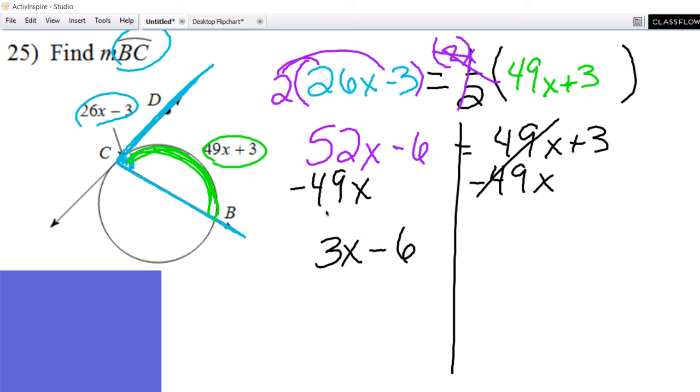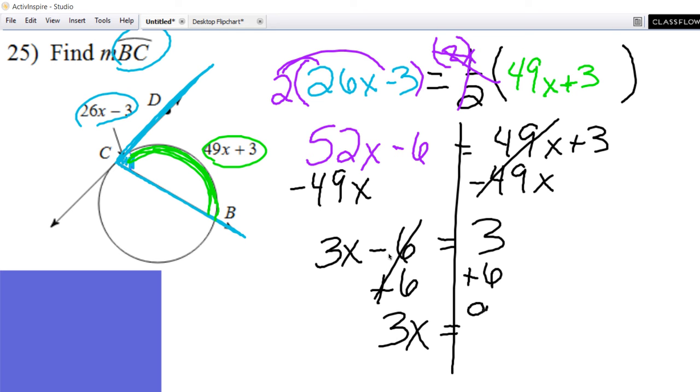Bring down the 6, bring down the 3. Now to cancel the 6, I do the opposite, so plus 6, plus 6. Cancel it out. Now I have 3x equals 9. Last thing we do, divide by 3. So x equals 3.